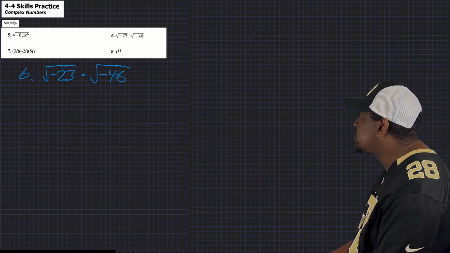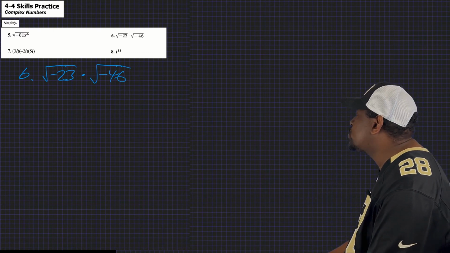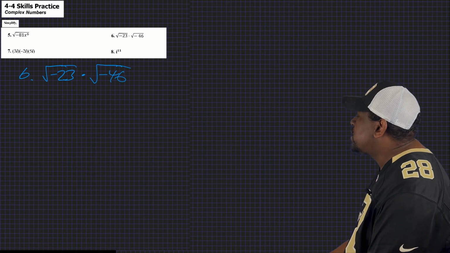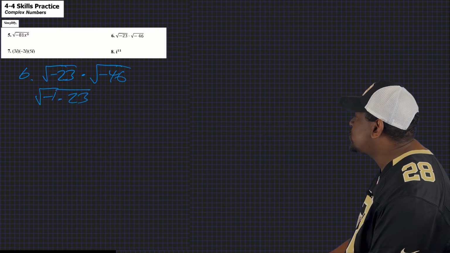So what you first have to do, again, is rewrite the two negative radicals by the product of -1 times 23 in the first radical. And in the second radical, we will put -1 times 46.